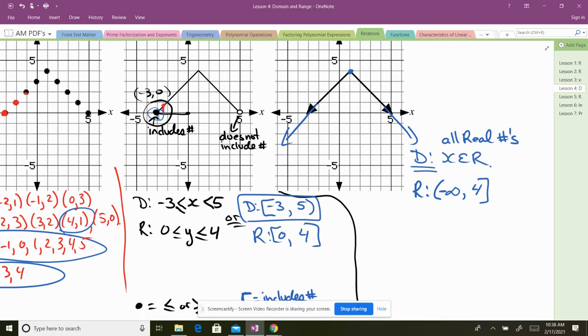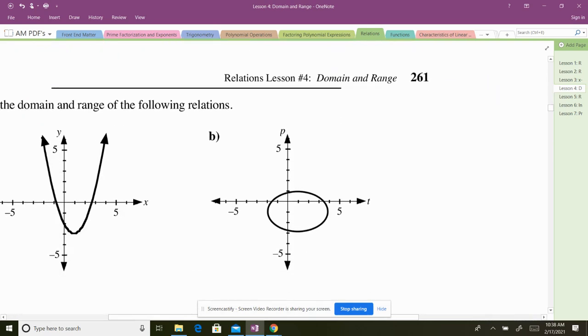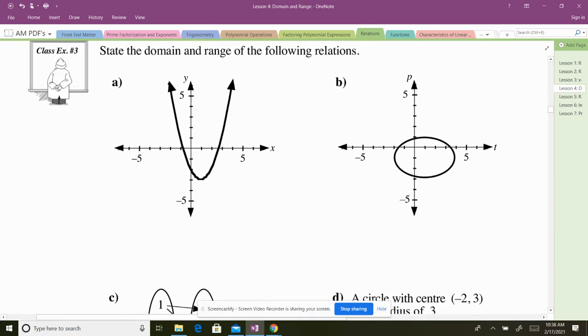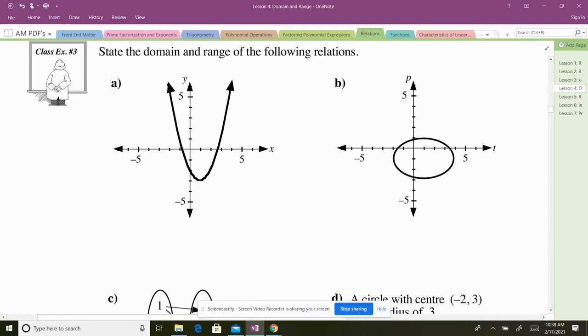Flip the page, please. All right, domain and range. So let's do domain first. This graph on A has arrows on both arms.